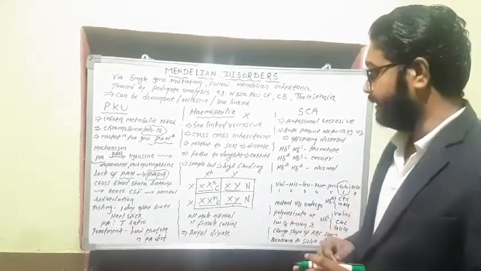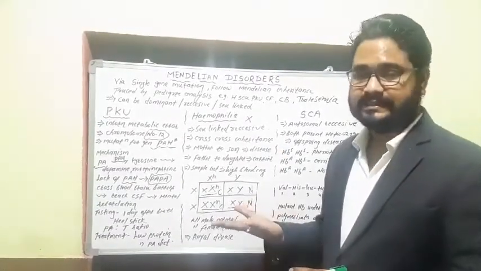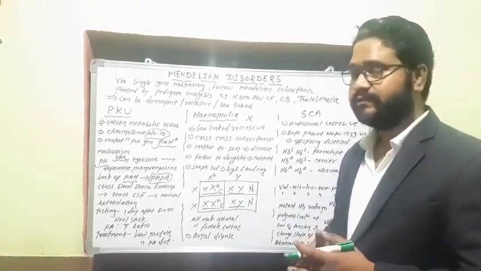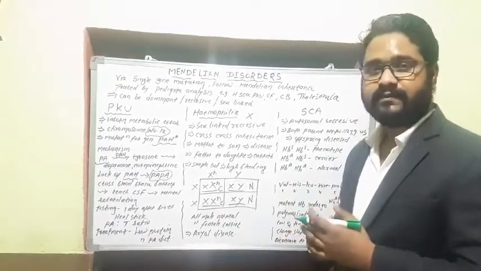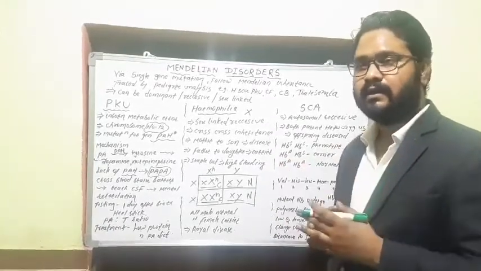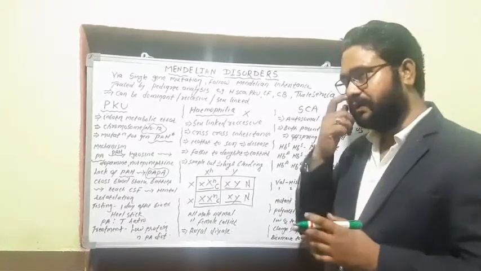Now, this disease, as I said, is also called the royal disease, because there is a lot of history besides that. England's Queen Victoria was a carrier of this, and her entire family destroyed a lot of king's palaces in different countries. So that is a different story. We'll not go there.